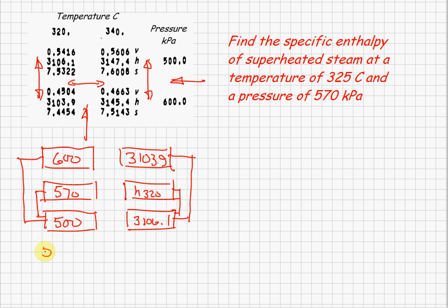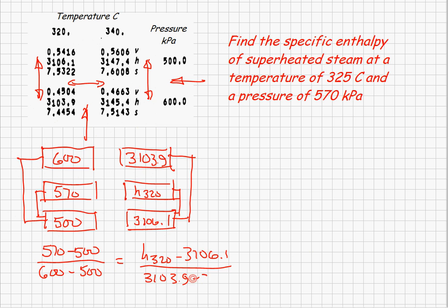First one's going to be 570 minus 500 over 600 minus 500 is equal to H320 minus 3106.1 over 3103.9 minus 3106.1.